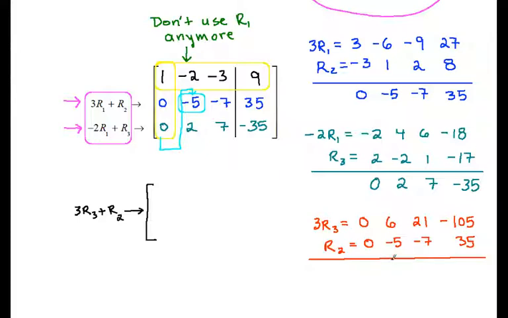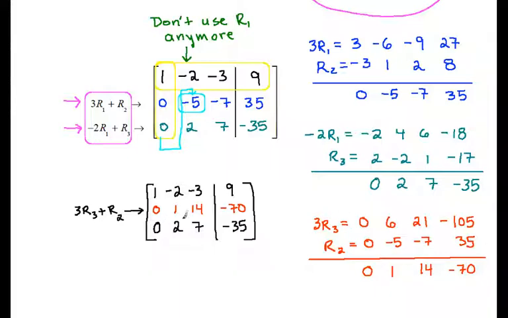Adding these together gives me 0, 1, 14, and -70. So I'm going to put this in the middle row, and then fill in the rest of the matrix.